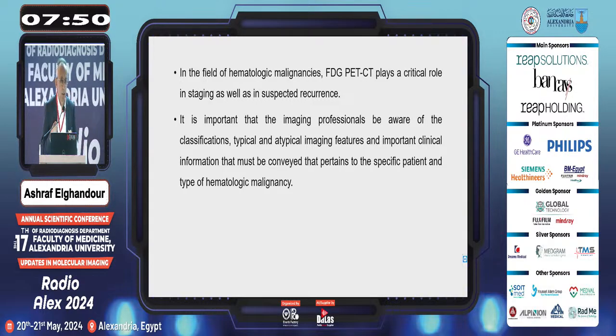So don't read just the image; you can read the patient. You need more information. Try to be more of a physician, a clinical radiologist more than a radiologist. Please, this is very important for us. And you can ask us more questions about these cases.